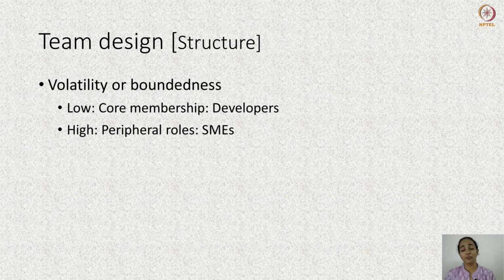Then the membership, that is, people who are working in core tasks of the team, will not have membership in multiple teams, while people who are working in peripheral roles like the subject matter experts might find themselves assigned to multiple teams at the same time.